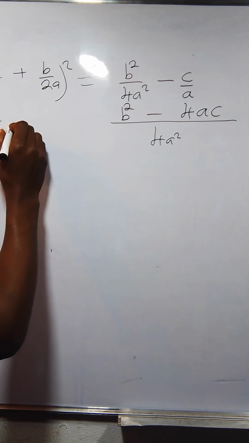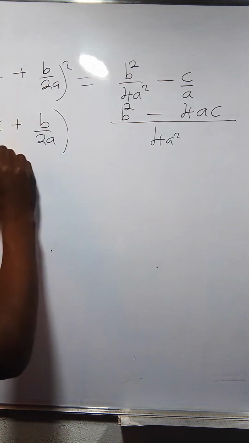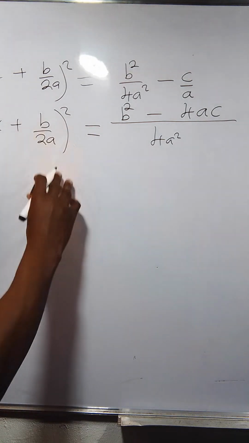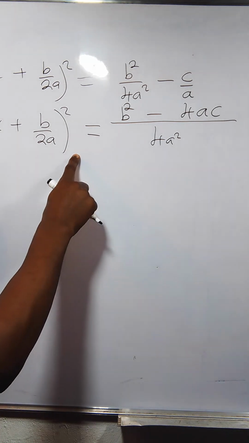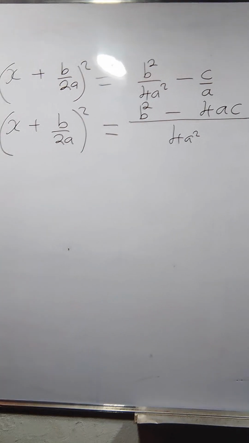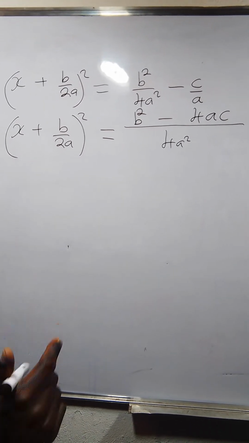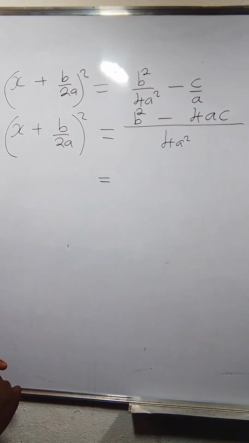And then you bring down this part, x plus b over 2a. Then you close the bracket, and then you square. We are almost getting there. So what's going to happen now, guys? Let me just undo this part.